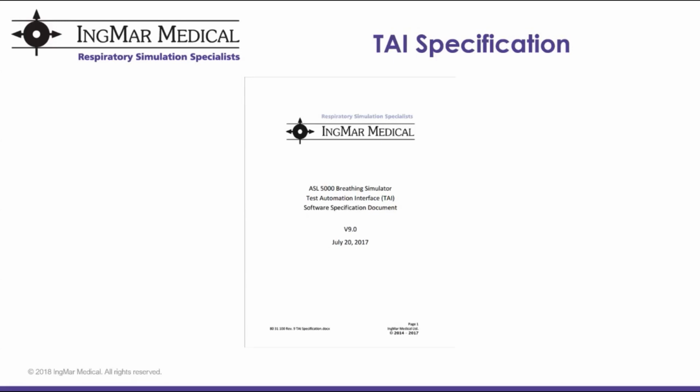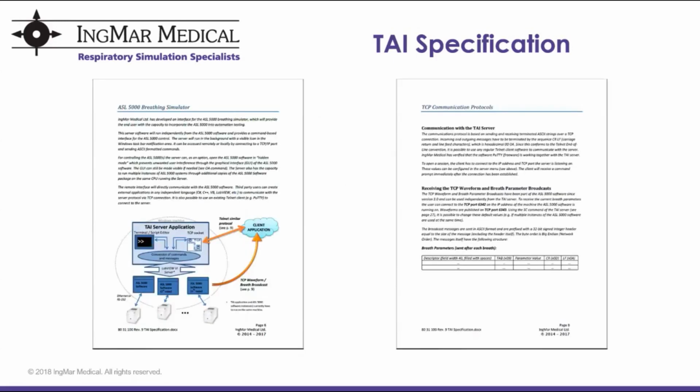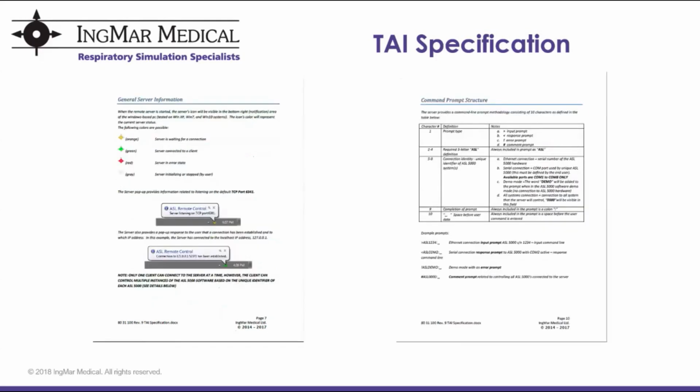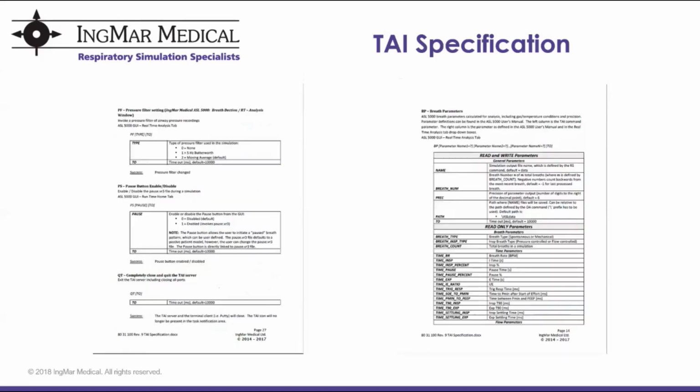The specification document includes everything from structure of the application and how it communicates between the ASL lung, the ASL software, and the client application, details about sending and receiving data from the ASL 5000 in terms of the message structure, server information related to connections between the client application and the TAI server, the structure and meaning of the different command prompts, like input prompts versus response prompts, and a detailed description of each of the TAI 2-character commands. This includes the required and optional parameters of each command.